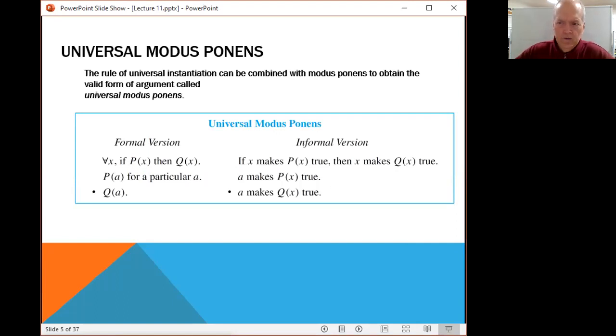So that's our universal statement. Then we have a particular element in that domain, and we say p of a is true for that particular a. Then we can conclude that q of a is likewise true for that particular a, because it's true more generally in terms of this universal law that we were looking at.